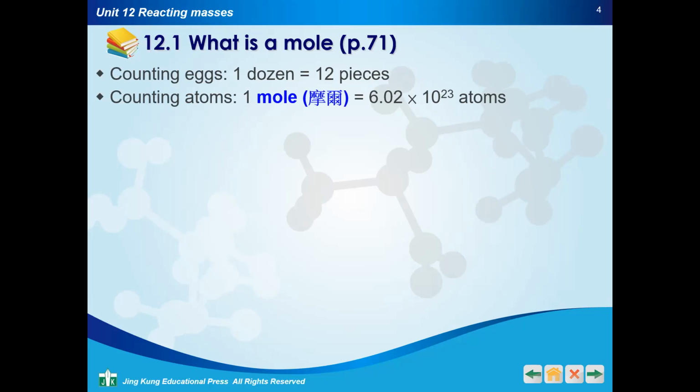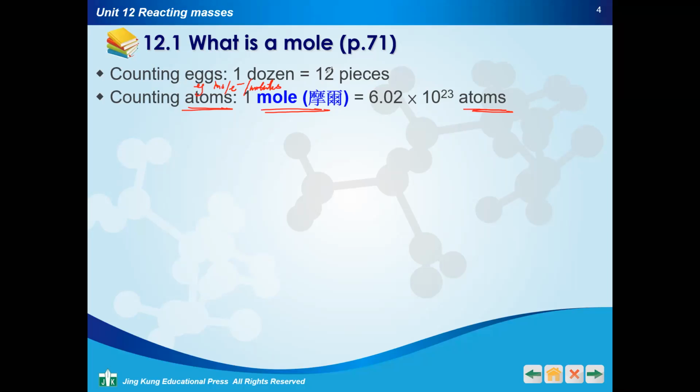Indeed, in chemistry, we would like to count atoms, ions, electrons, and molecules, and it can be so many. So you would love to calculate using a larger number. We call that 1 mole. So what is that?